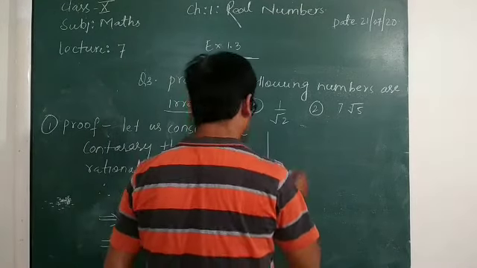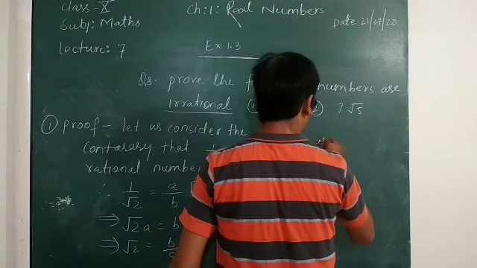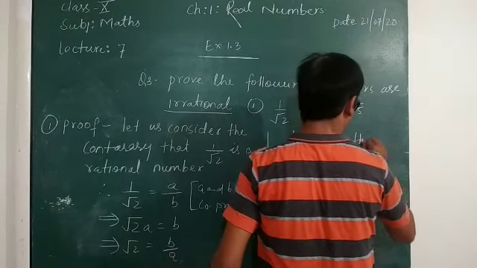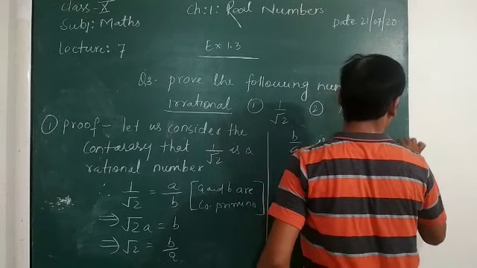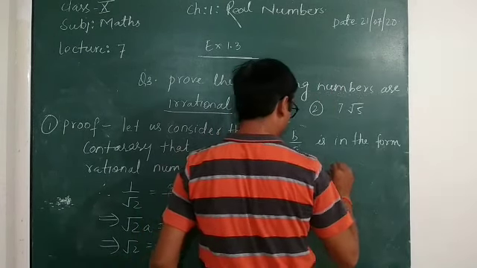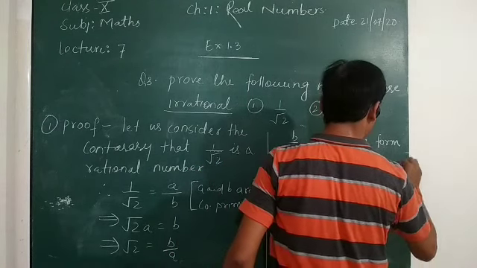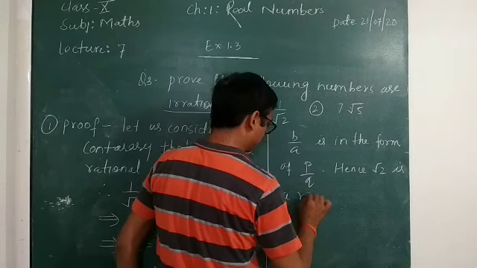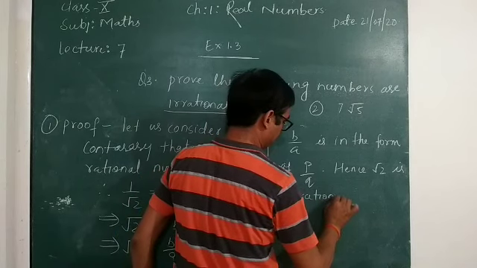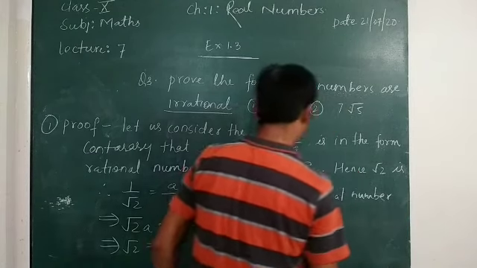So b by a is in the form of p by q. Hence root 2 is a rational number.